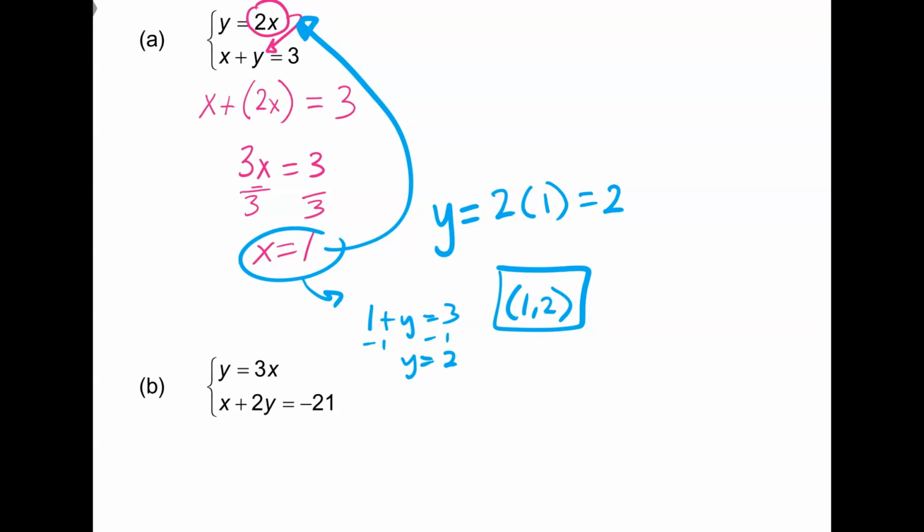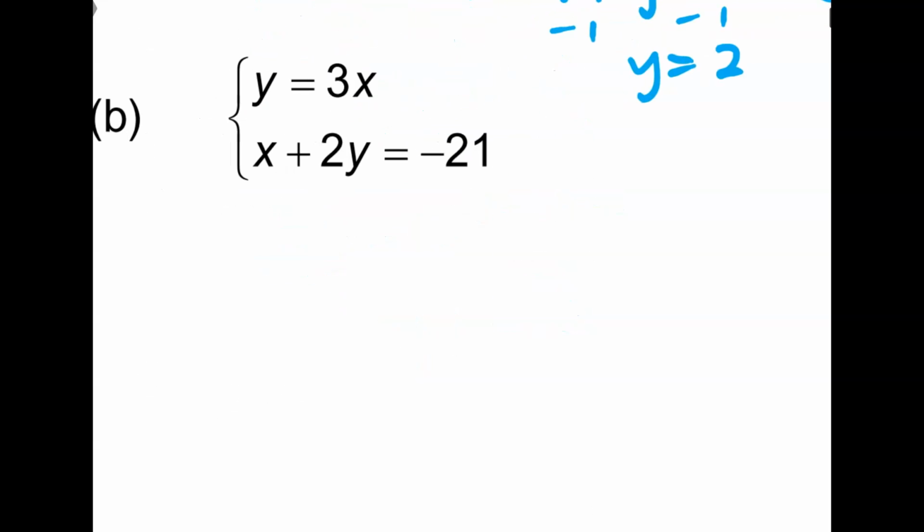All right, let's try the next one. Are we ready? Let's do it. So I see y equals 3x. When you're doing substitution, if one of the variables has a coefficient, notice, what's the coefficient in front of the first y? 1, right?